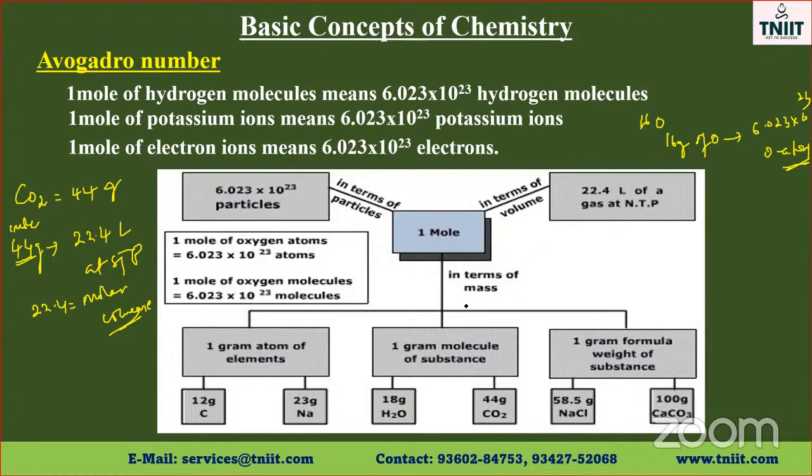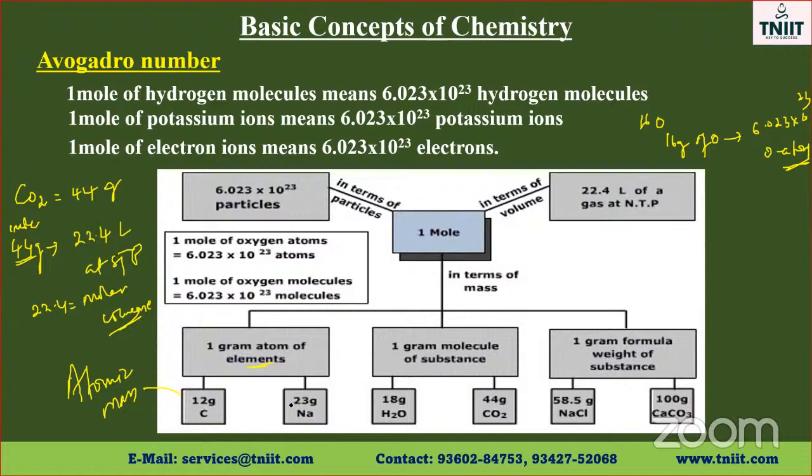Now, 1 mole in terms of mass. If you take carbon and sodium, they are elements. So when they are elements, we have to take their atomic mass. Carbon atomic mass is 12. 12 grams of carbon corresponds to 1 mole. Atomic mass of sodium is 23.